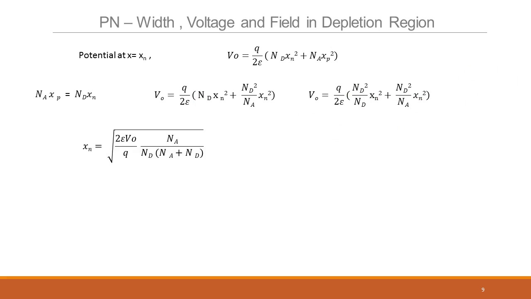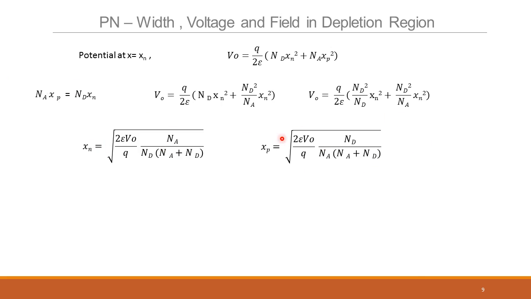Now xn is very easy to calculate. It is 2 epsilon Vo by q, times Na by Nd, times 1 over (Na plus Nd). Xn is a simple square relationship here, you just substitute and you'll get this. From this, xp also can be calculated by substituting back in this equation, and you will get this form.